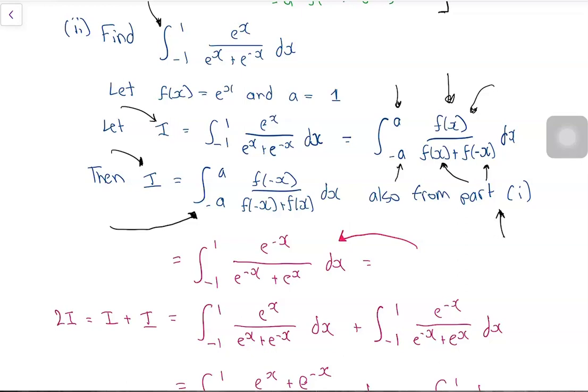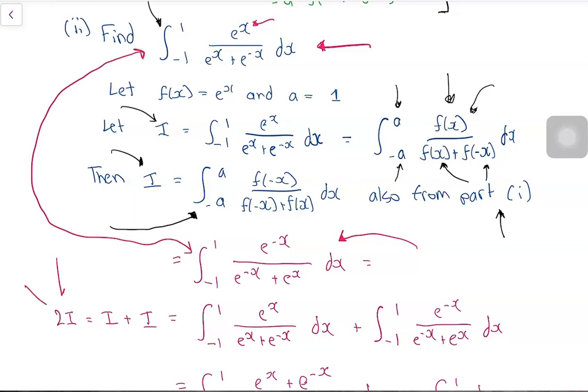This is almost the same as what we had over here, except now there's a minus x over here instead of an x. And now we have some symmetry going on. So what we could try to do is to add these two different expressions for I together.